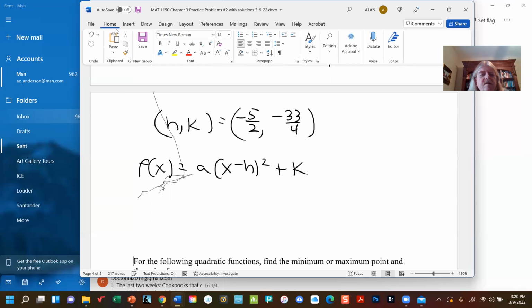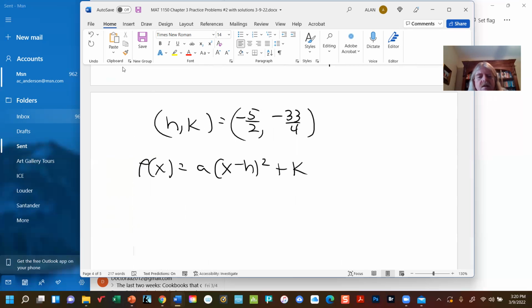That's one of the annoying things about this tablet, this marker. It has buttons on it that do nothing useful except cause problems. So we'll have a is 1 again, so we'll just have x plus 5/2 squared minus 33/4. And so as a result, that's it, we're done. That's our vertex form.